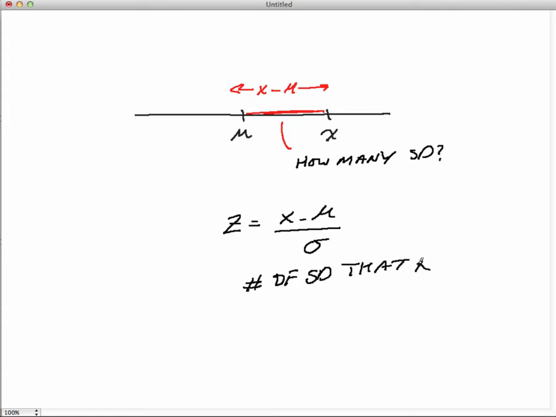That's an x there, actually. There we go, looks like an x. Either above or below, depending on the sign of z, the sign of z is going to determine that. Okay, mu for the mean.